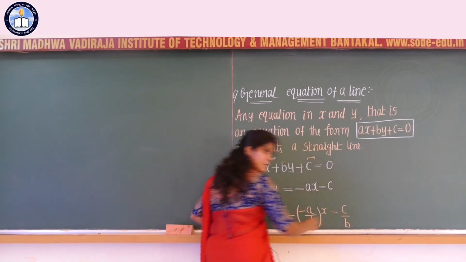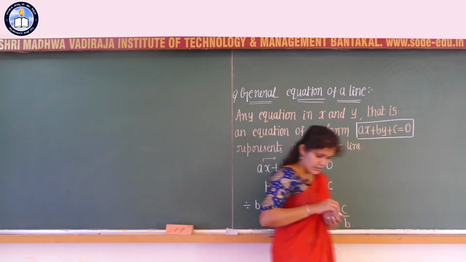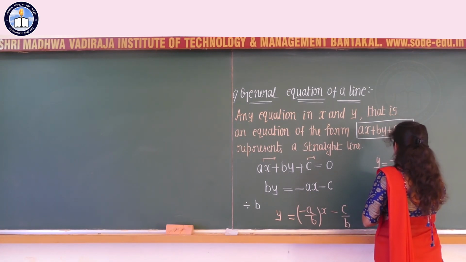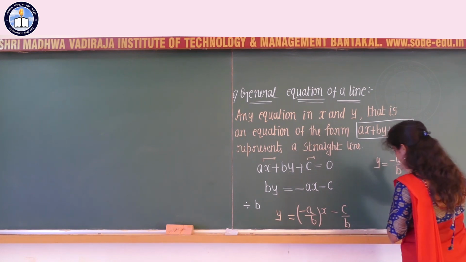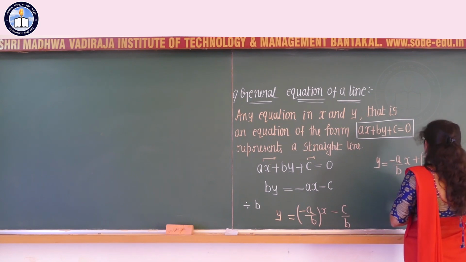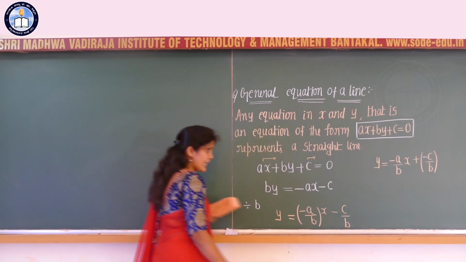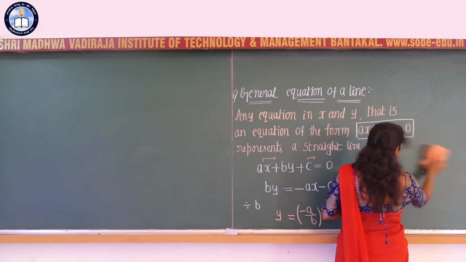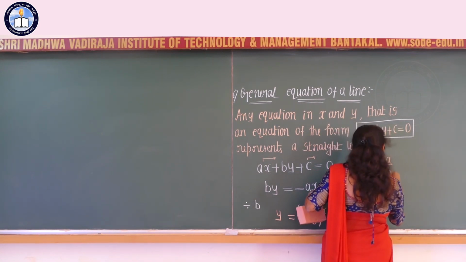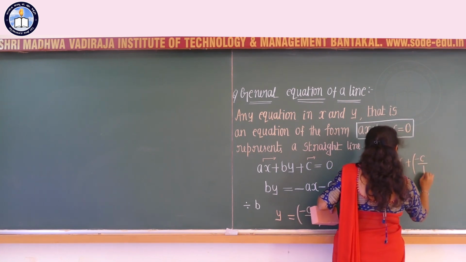I can write this as y is equal to minus of a divided by b into x minus of c divided by b.